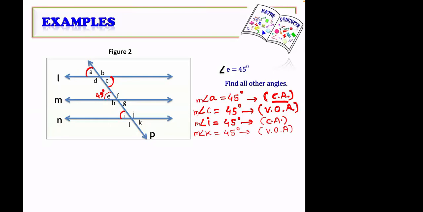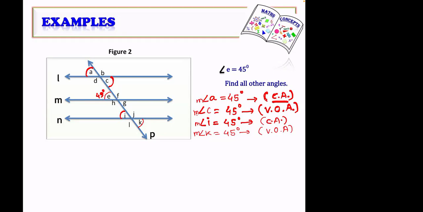Next one, Ayush. So far, we know A, C, E, I, K. Now tell me any other angle and the reason for that. Ma'am, F and H. Okay, how much is F? Ma'am, F is 135.